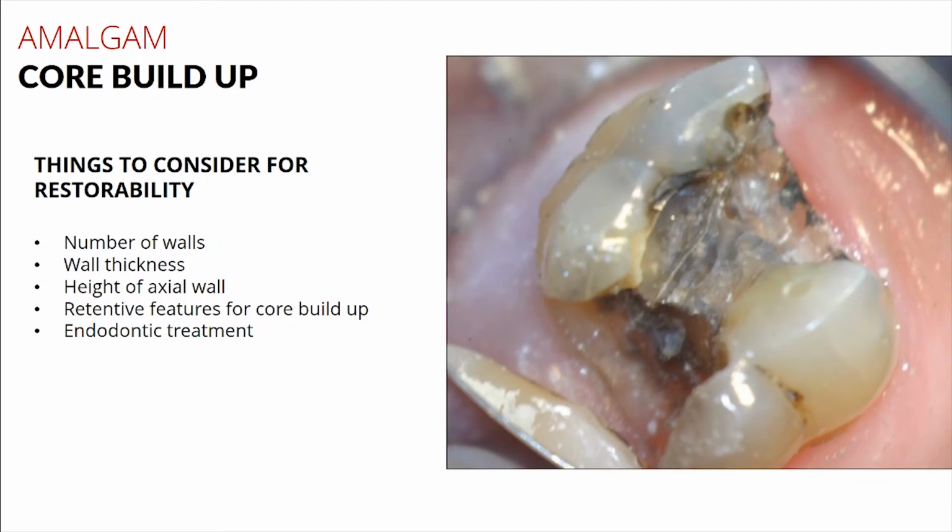Okay, so it's going to be hard to simulate every single scenario that you're going to encounter in the simulation clinic. So a lot of this restorability conversation honestly happens down on the clinic floor. This is something that just needs experience and multiple instances with differing teeth and differing loss of tooth structure, and clinical experience to really help determine what is going to be a good prognosis or not.